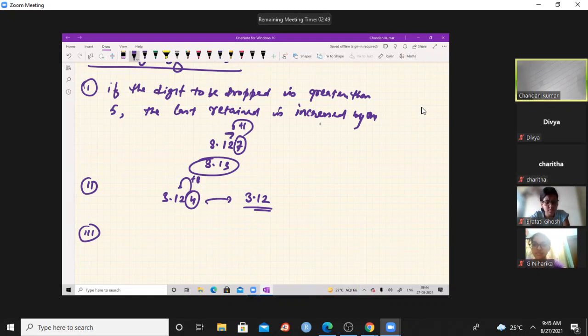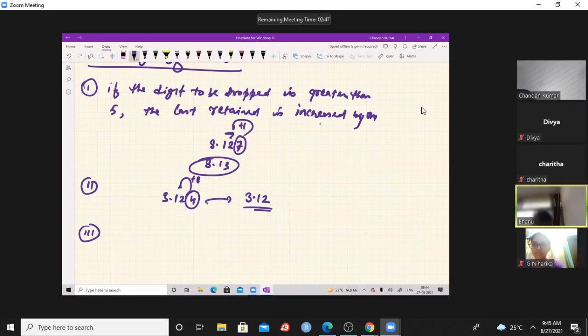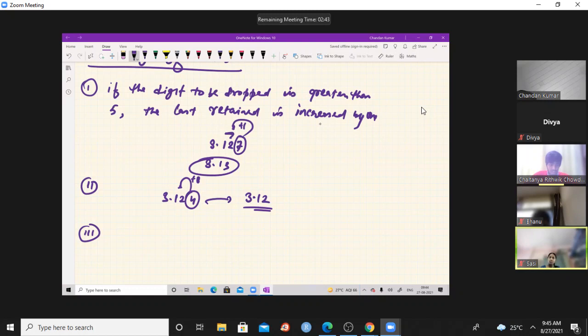Increase by 1. If even, retain; if odd, increase by 1, sir.